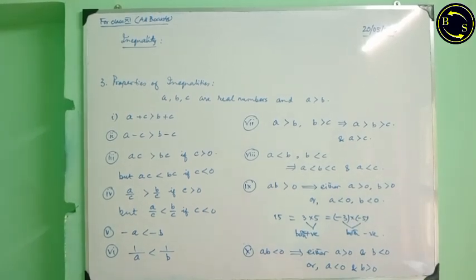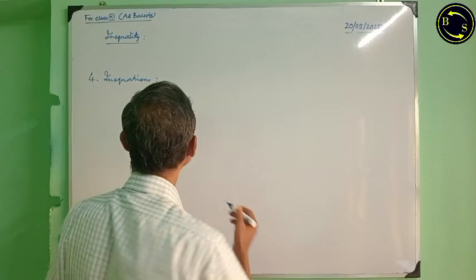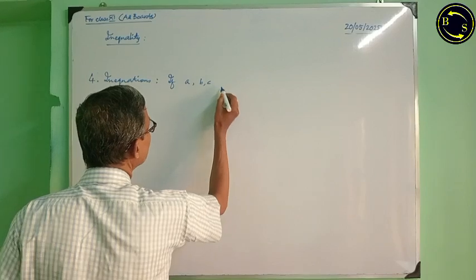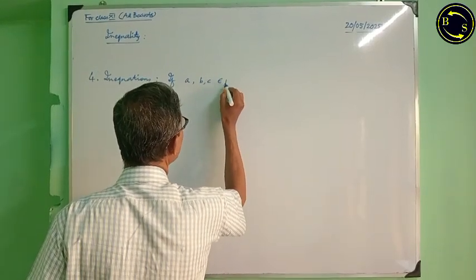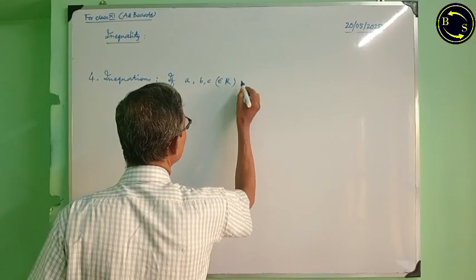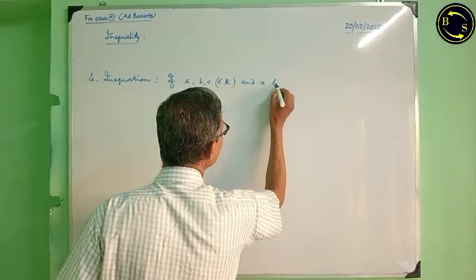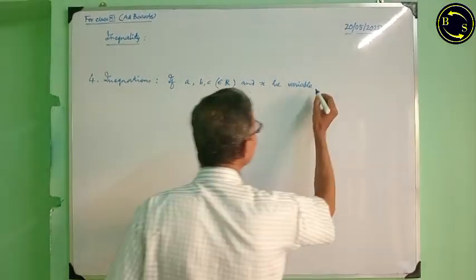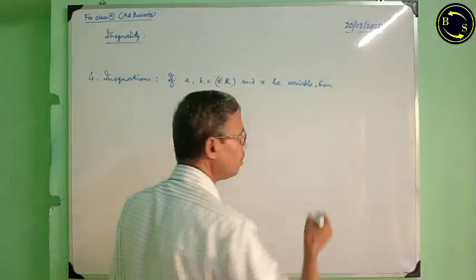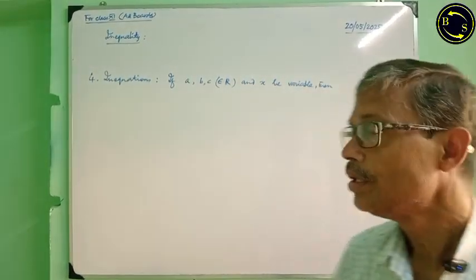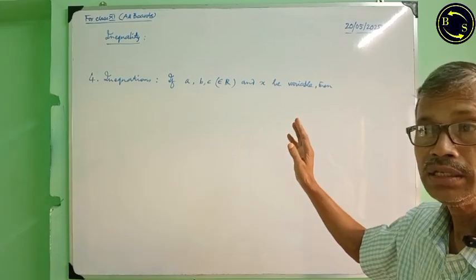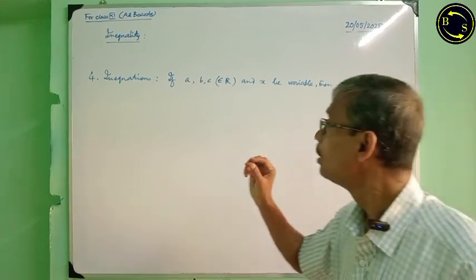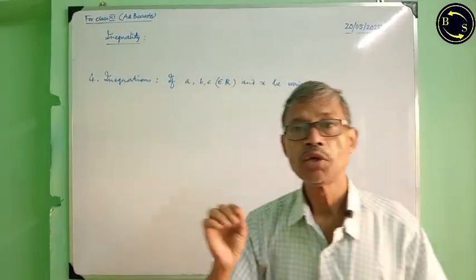Then we shall move to inequations. If A, B, C are real numbers and x the variable, we have equations involving x, a, b, or x, a, b, c, all the relations connected by an equality symbol.